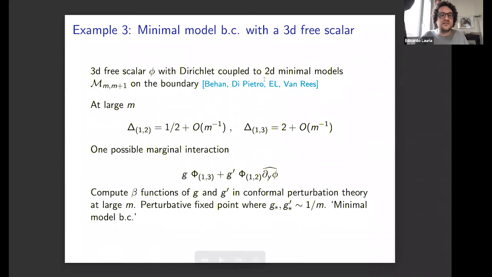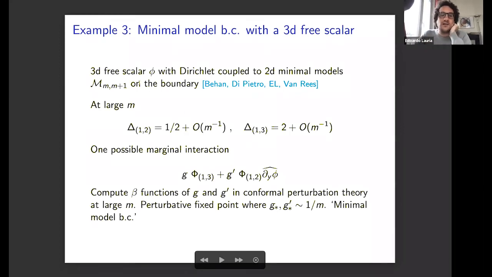Because in this case, you can actually find infinitely many conformal boundary conditions. Before, we tried a few things and we failed. With a four-dimensional scalar with a three-dimensional boundary, we just failed. We didn't find anything. Here, you try the first thing you come up with, and it works. You find immediately infinitely many conformal boundary conditions on the nose.